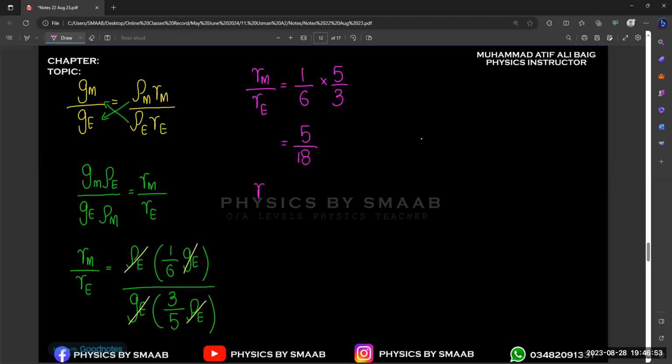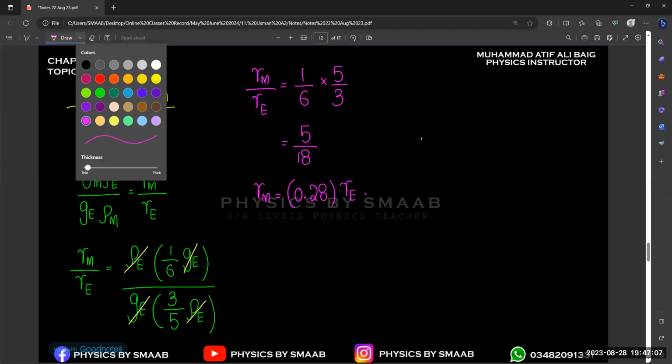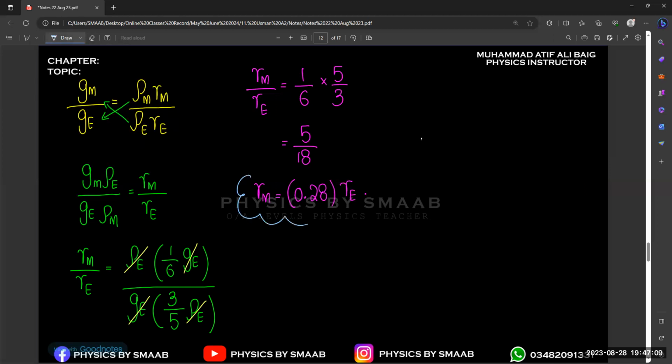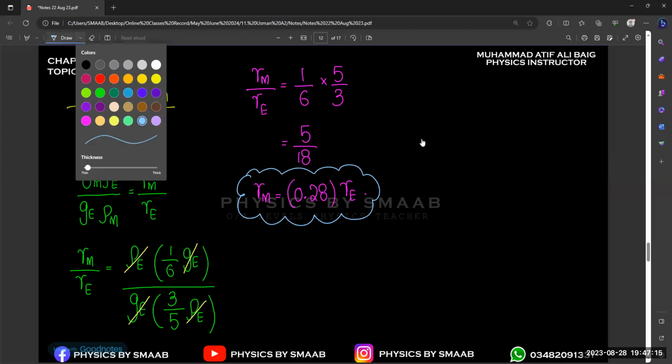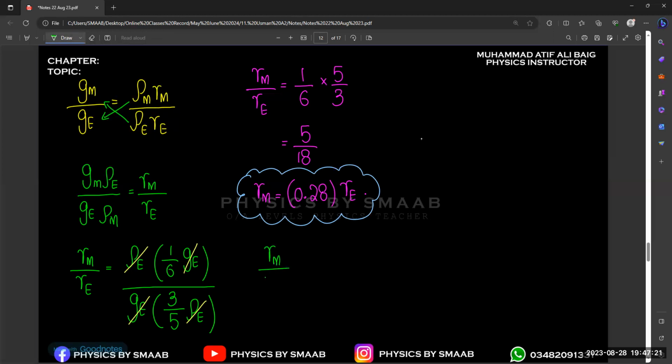And finally, your radius of moon is actually 0.28 times the radius of earth, right? If they ask about the radius, you may derive this equation, or you can also say that their ratio will be equals to 0.28. Clear? And you know that there will be no SI unit. Okay.